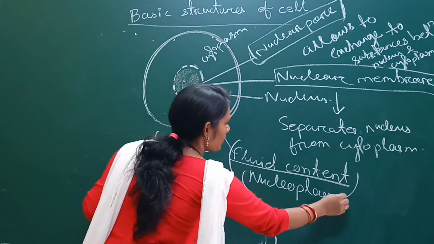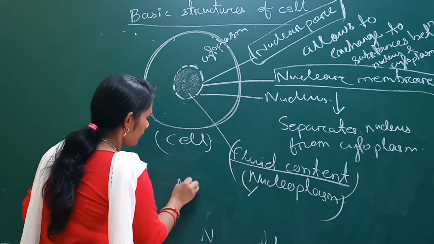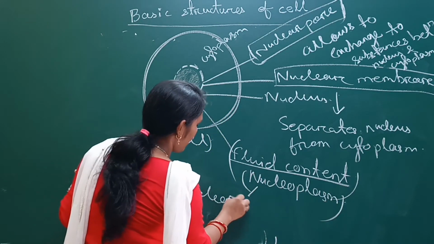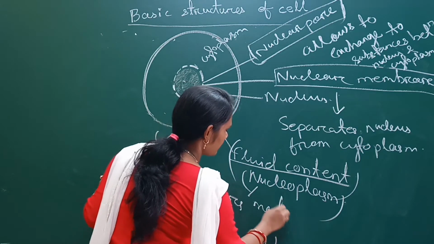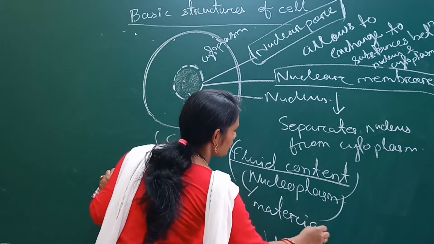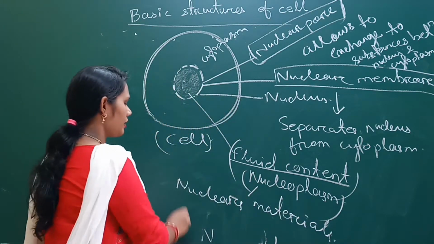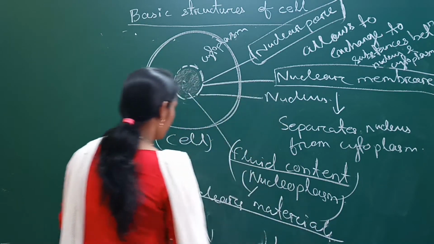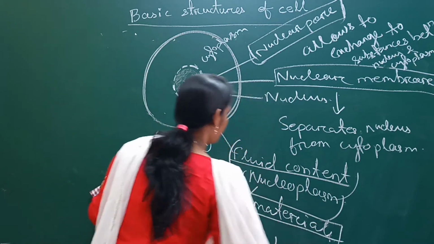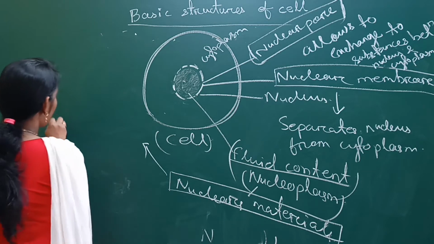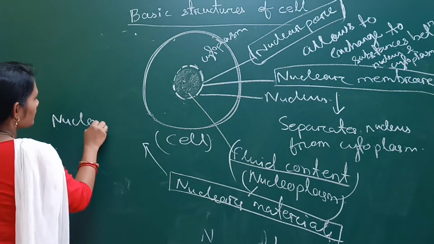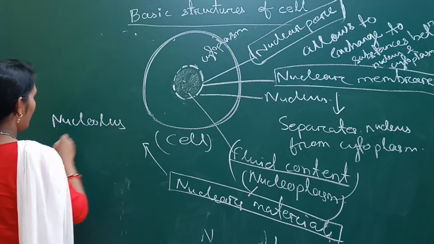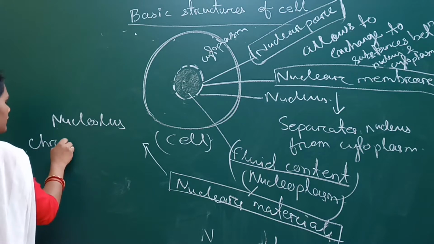Within the nucleoplasm there are nuclear materials present. So what are the nuclear materials? Nuclear materials are the nucleolus and chromatin fiber.